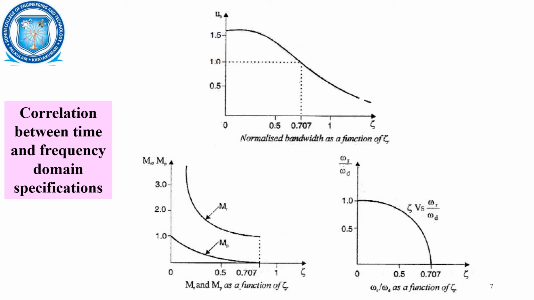Now, coming to the value of zeta at 0.707, we can see that the resonant peak value decreases from an infinite value and stops there. After that there is no Mr value, since there is no omega r value. And you can see the Mp value. Mp is the maximum peak overshoot, a time domain specification whose value is e power minus zeta pi divided by root of 1 minus zeta square.